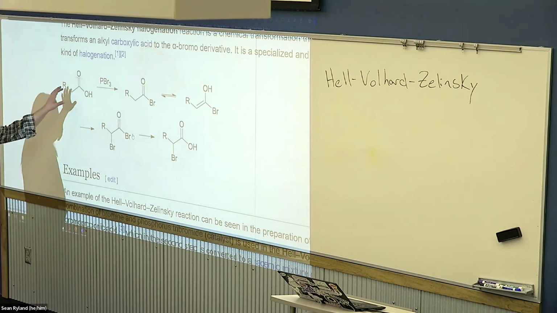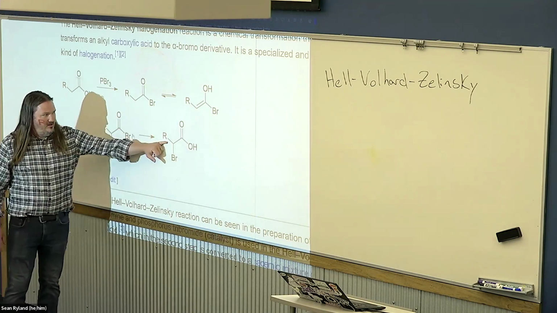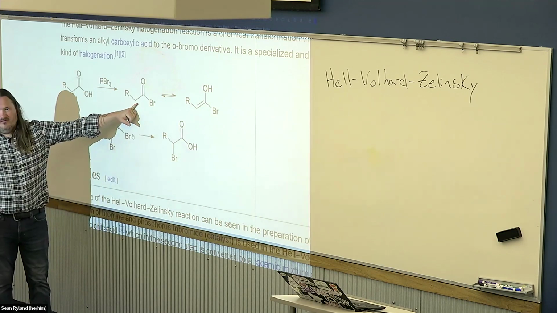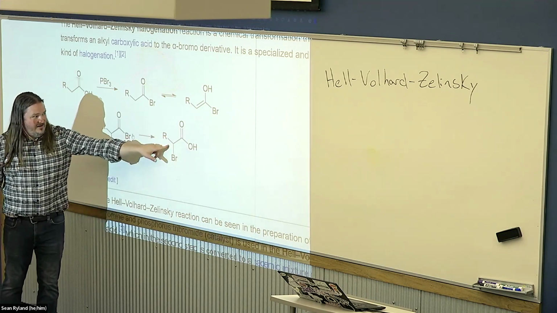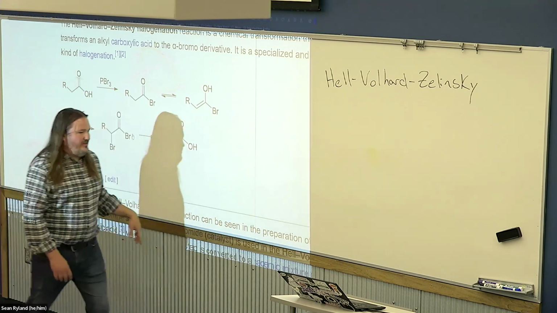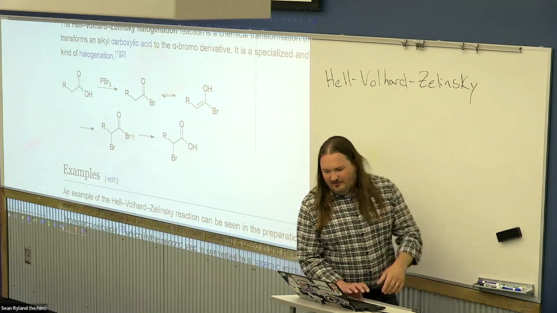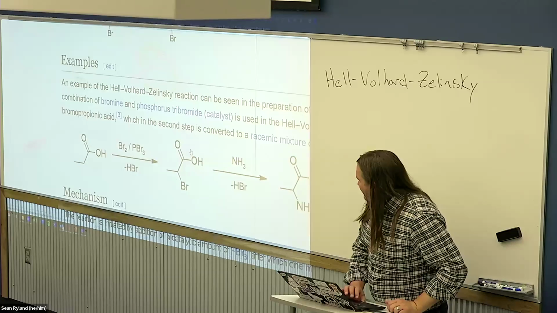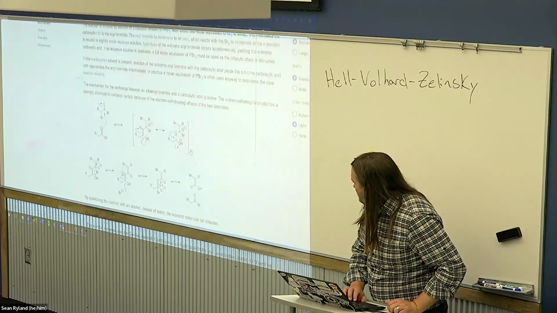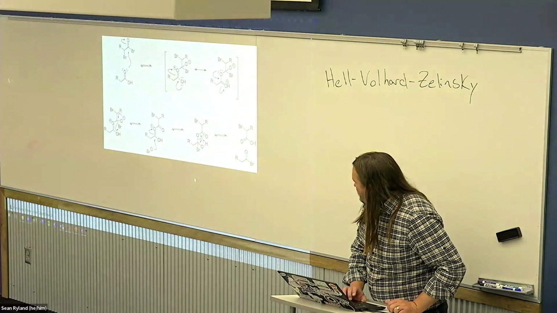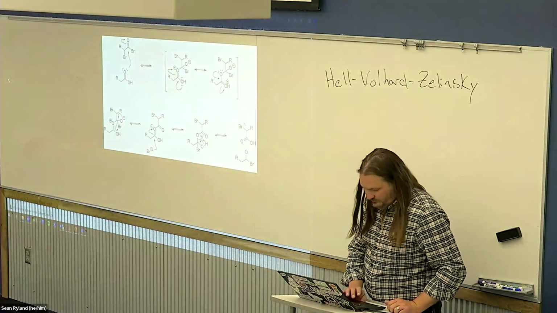And so the most basic part is, it starts by making the acid bromide like I thought. But I forgot that it then does this rearrangement to put the bromine on the alpha carbon. And then after that, it'll actually go through a further reaction.